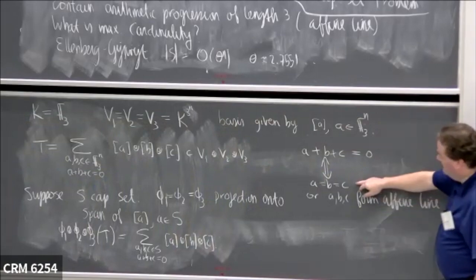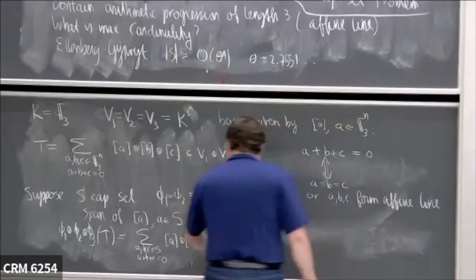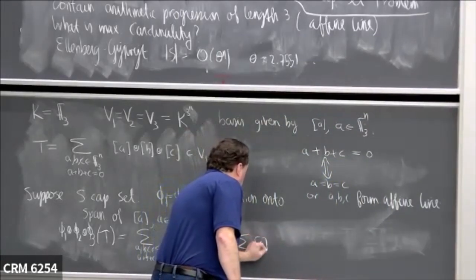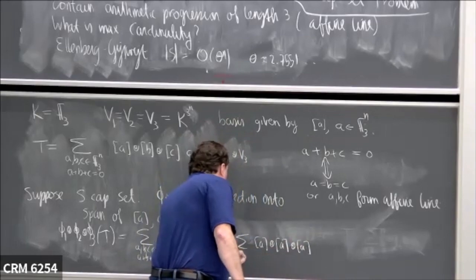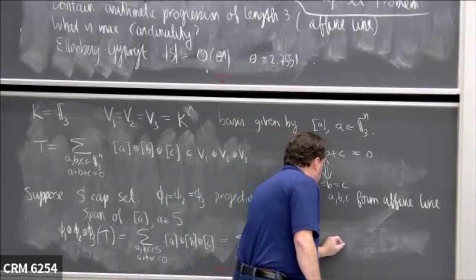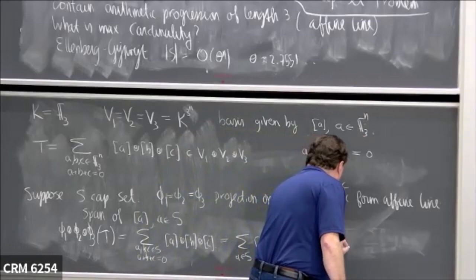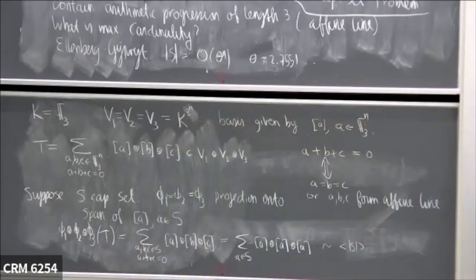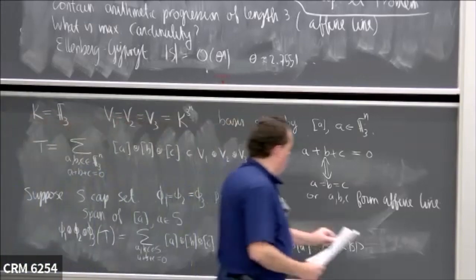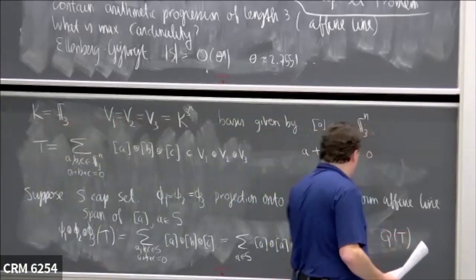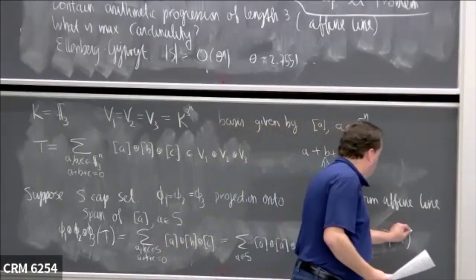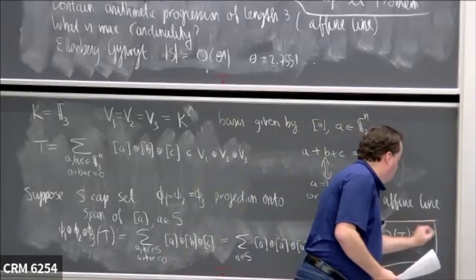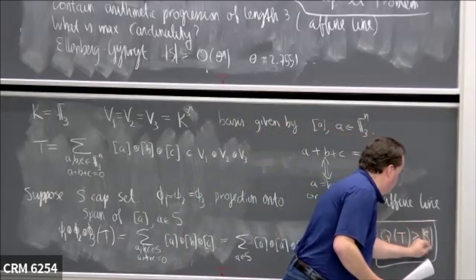So the only thing that can happen is if A is B is C. So this is just the sum of A tensor A tensor A, A in S. And basically this is just this tensor. If I write without an index, it always means these three. And so what we see is that the subrank of this tensor is at least, sorry, in this case, the cardinality of S.